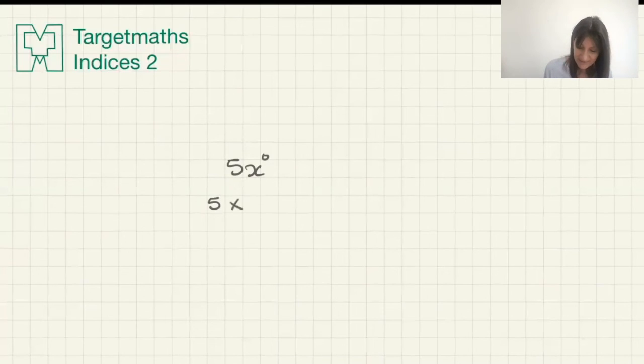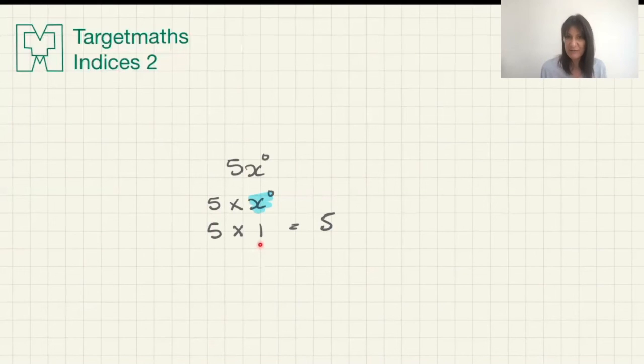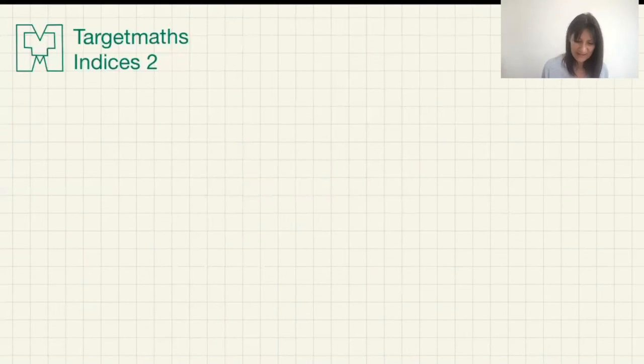So that means 5 times x to the 0. Yes, anything to the 0 is 1, but that's what we end up with. So really important that we home in on the section of the question that they're referring to, okay? All right, let's do one more.